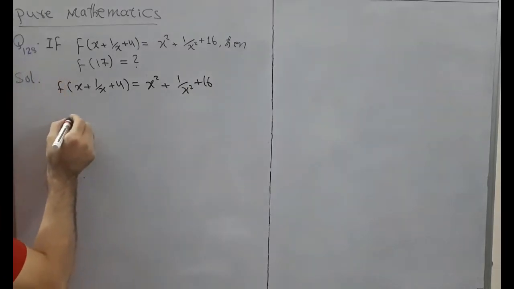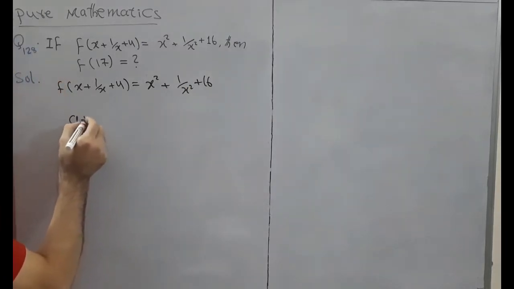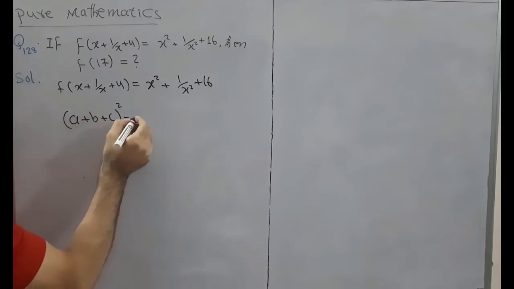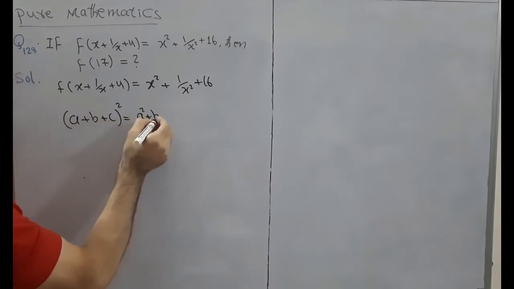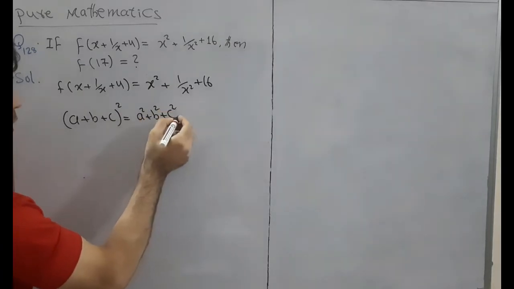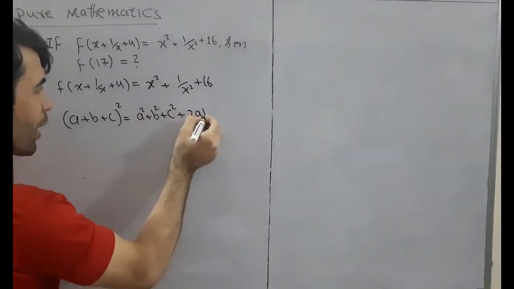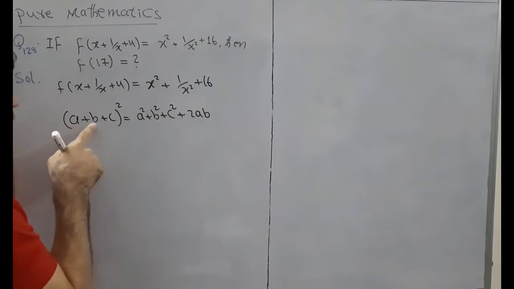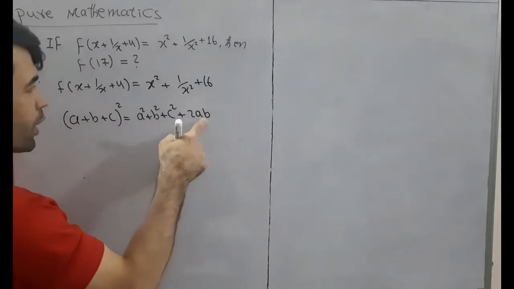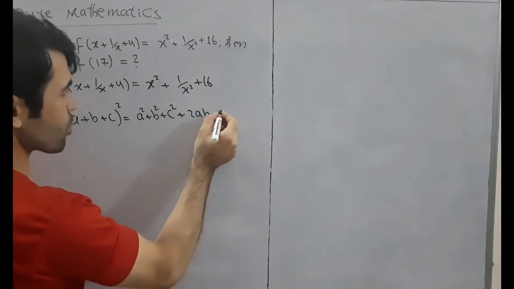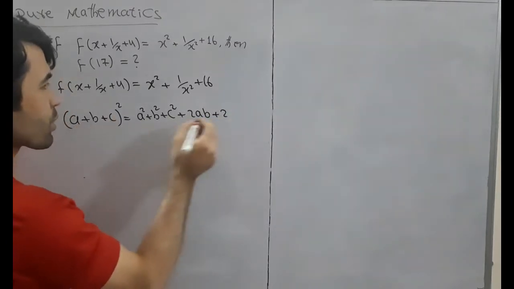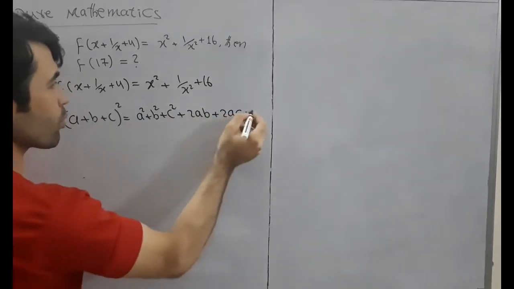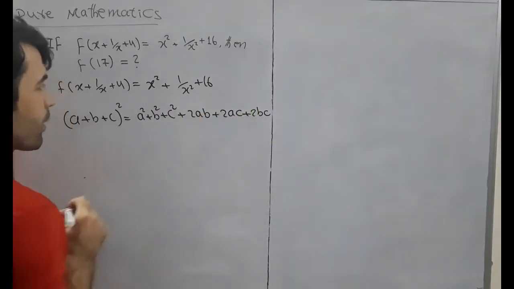We have a formula. (a plus b plus c) whole square is equal to a square plus b square plus c square plus 2ab, first term multiplied by second term, plus 2ac plus 2bc.